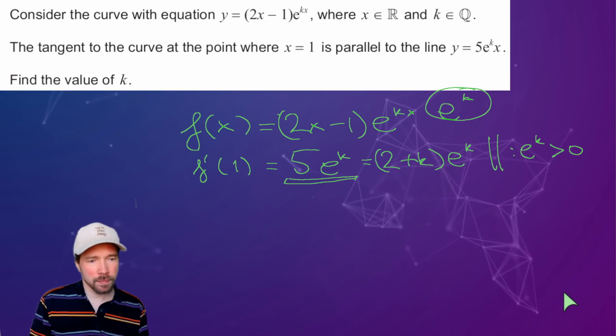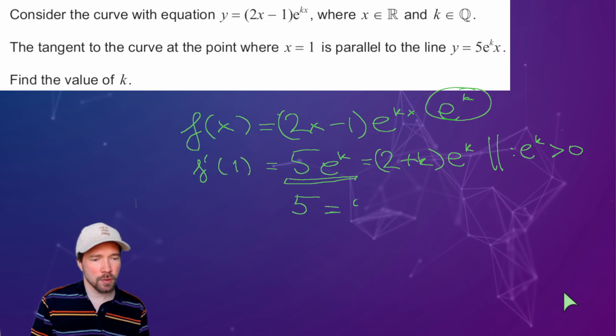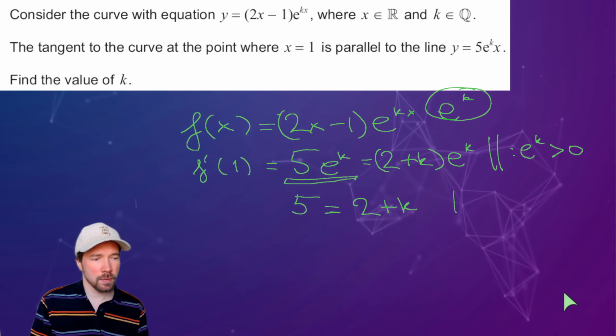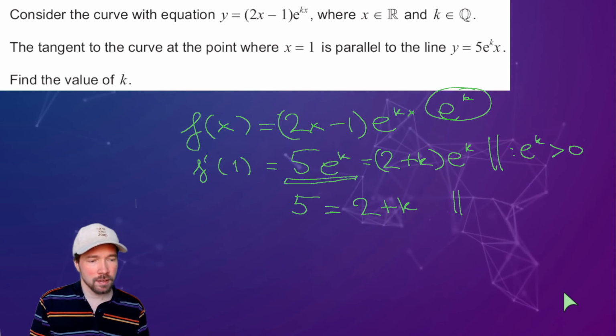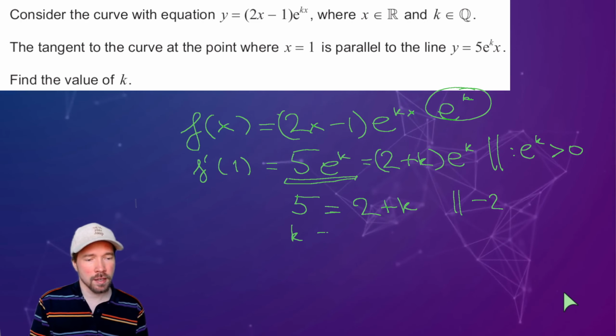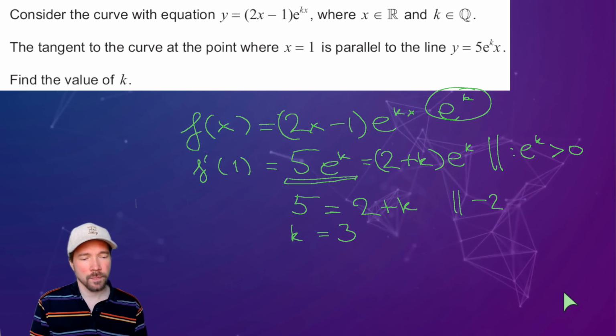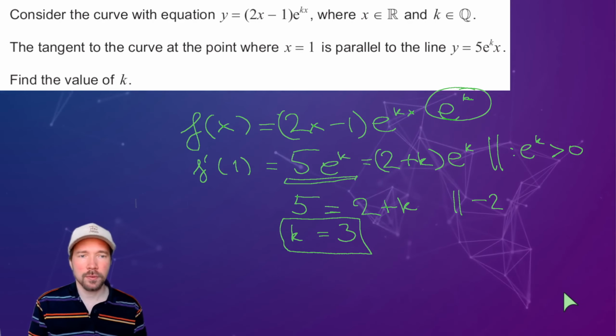If I divide by e to power k, I get 5 = 2 + k, which gives us a nice solution. Subtract 2, we get k = 3. That seems to be a rational number, so we're all set.